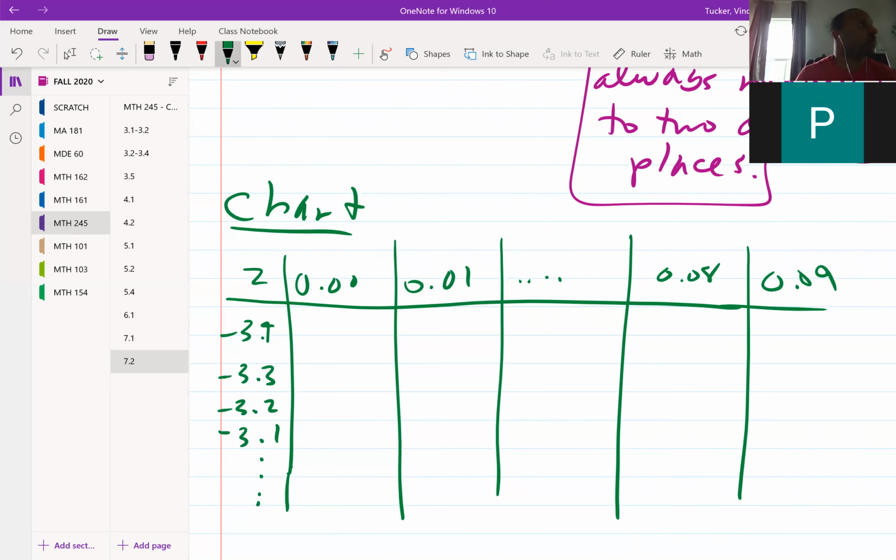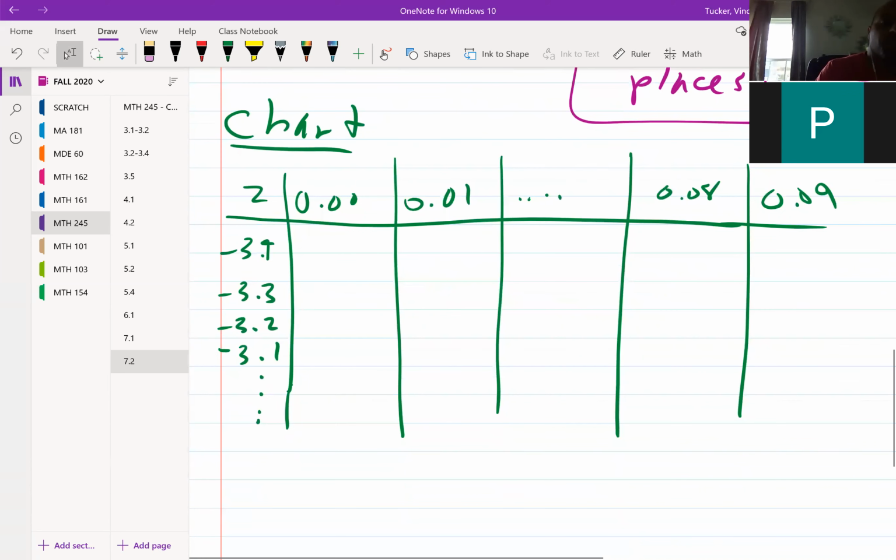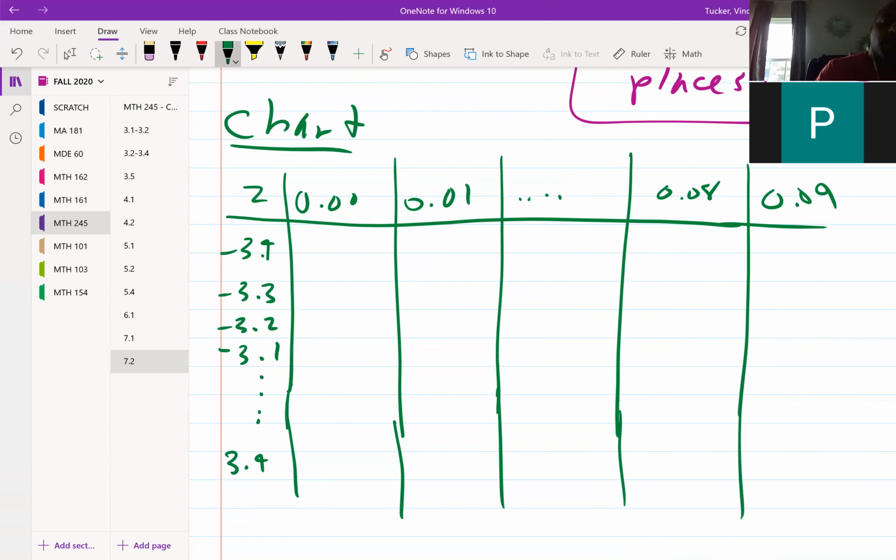All right, so it looks something like this. It starts with negative 3.4 and it ends in positive 3.4. And then the top row starts from 0.00 and goes to 0.09.